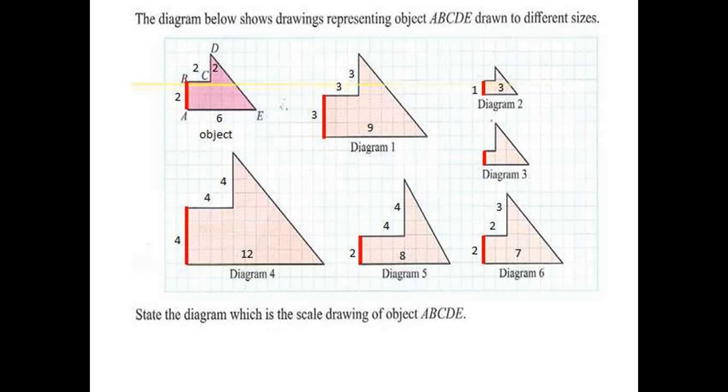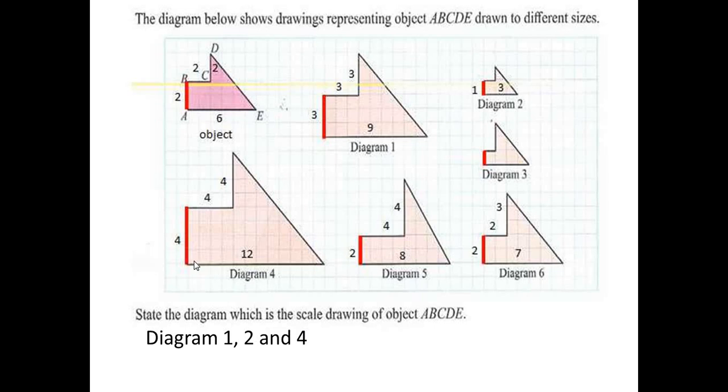Now go to diagram 2. 1, 1, 1 and 1, 3. These are also proportional, right? The same thing, if we put it into ratio form, it is 1 is to 3. How about diagram 3? This length is 1, 1, and this one is 2. Are they proportional? They are not, right? How about diagram 4?